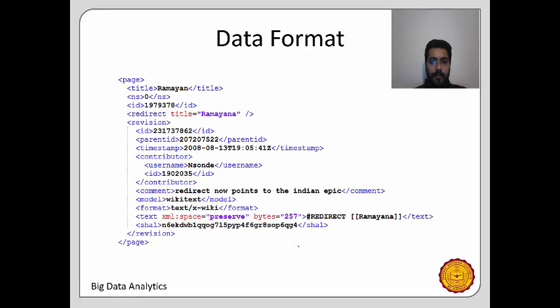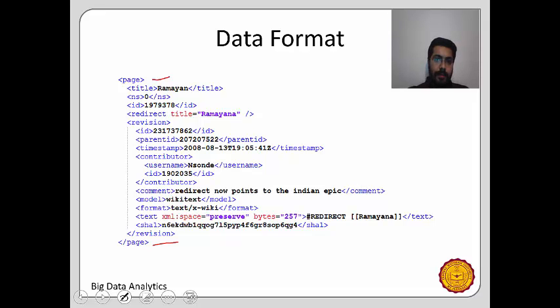If you see the format of the data, we have around 16 to 17 fields embedded inside the page and slash page tags. So this is the main data which we are looking for.